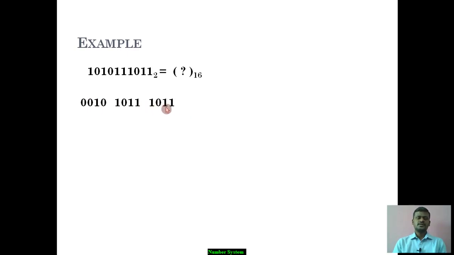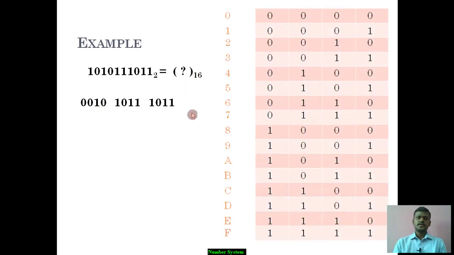Now, if you remember, we created a table for hexadecimal values in the previous session. From this table we will search for these values, starting with 1011.